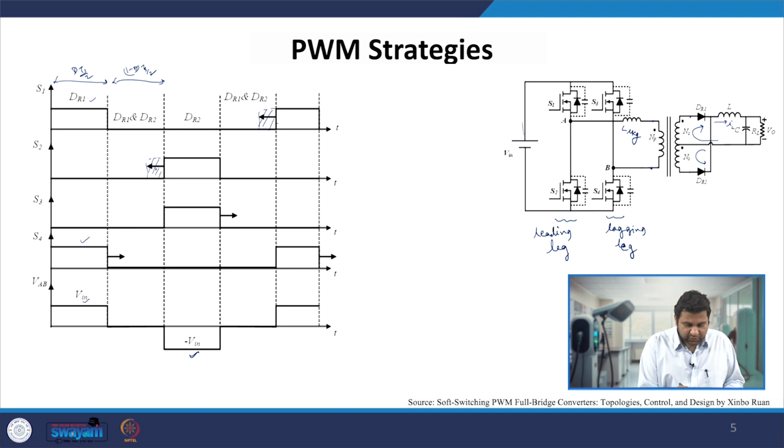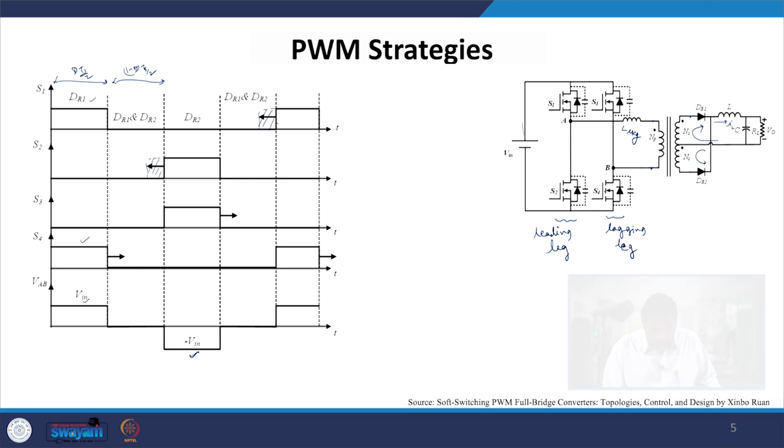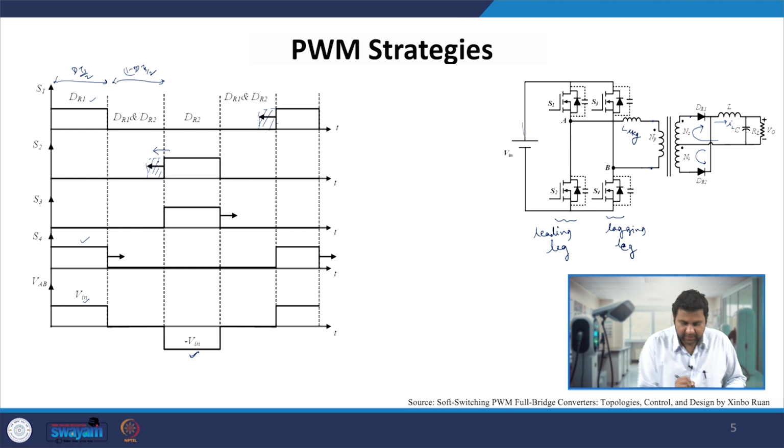Now if my S2 switch is on, during this period my S3 is off, my S4 is off, I am just increasing the T on period of this S2 switch in the forward direction. So we are increasing the turn on time in the forward direction, in this direction.